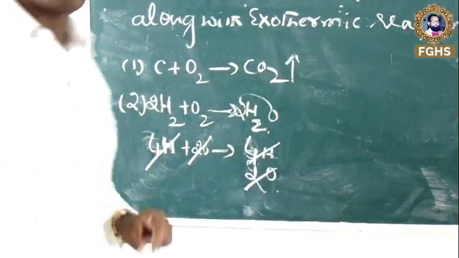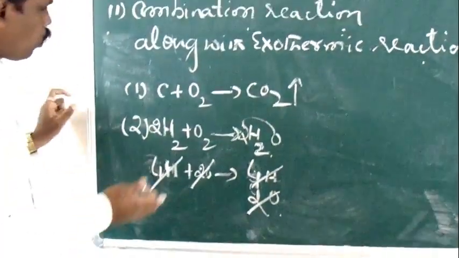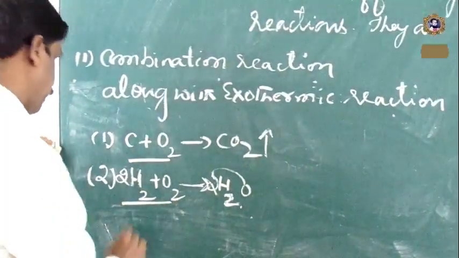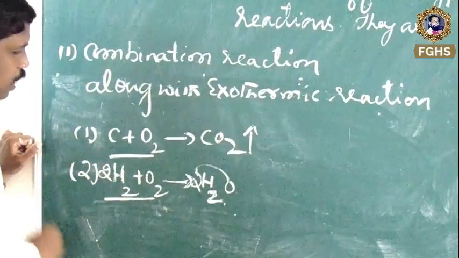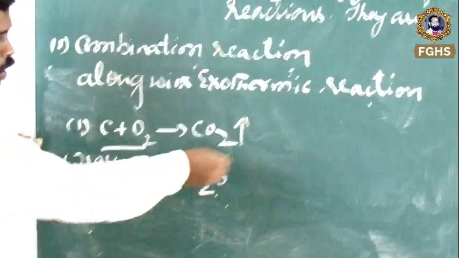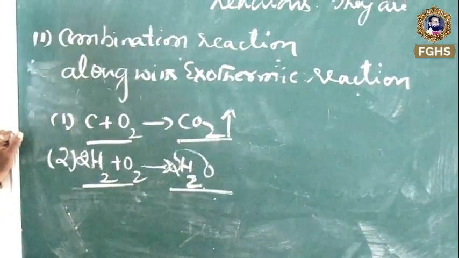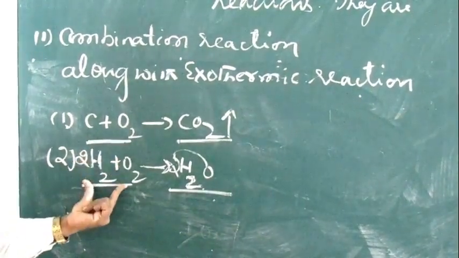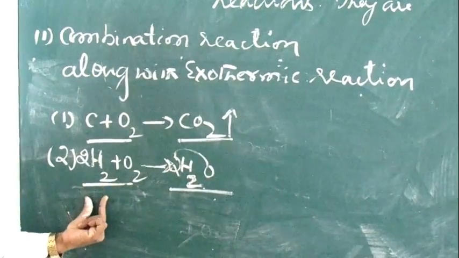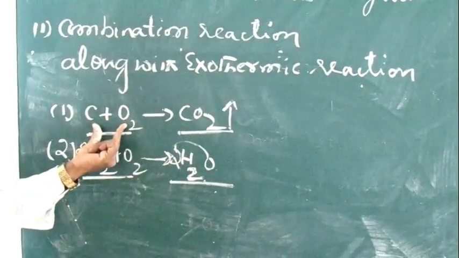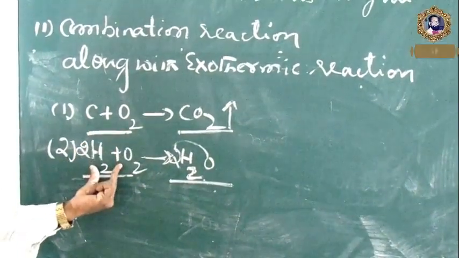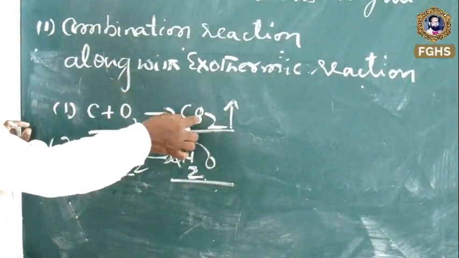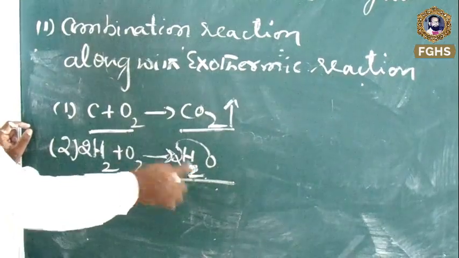Children, if you see these two equations, on the reactant side, two reactants are involved. Here also two reactants are involved, but the product is one. Here also one product is there.